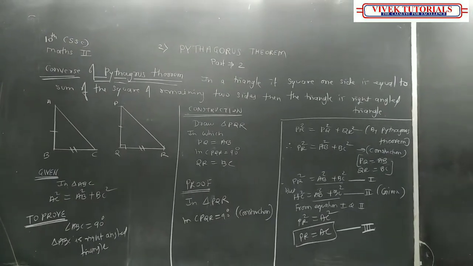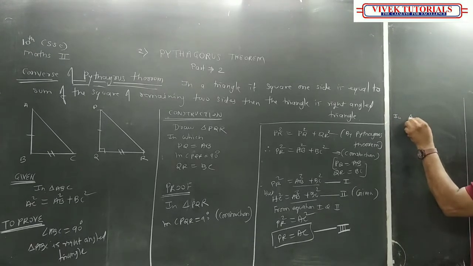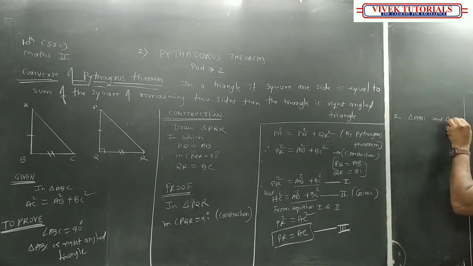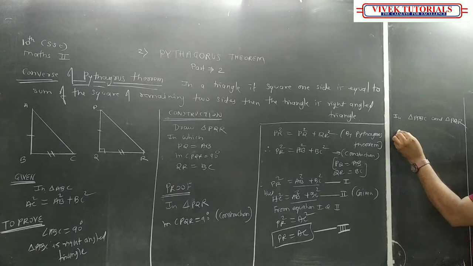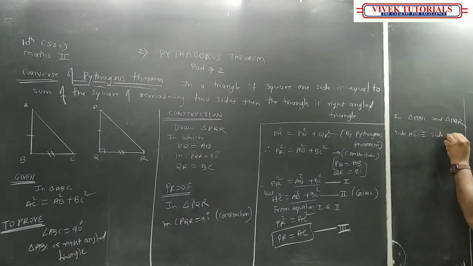Now what I can do is, in triangle ABC and triangle PQR, side AC is congruent to side PR.